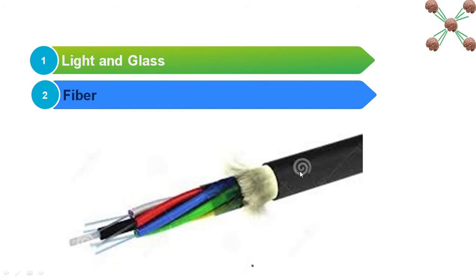This is a normal fiber which is brought to your home if you are using a fiber to the home connection. Generally you cannot easily know whether this cable is a power cable or an optical cable. There are some indications written on the cable.